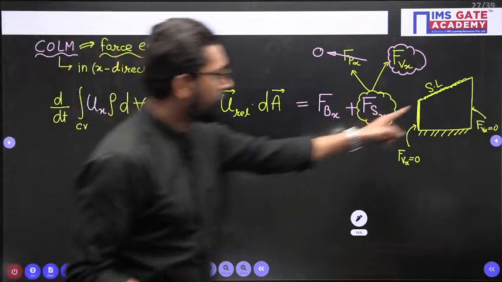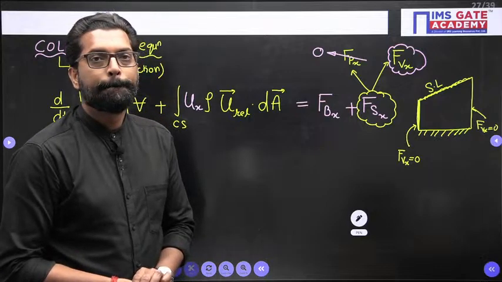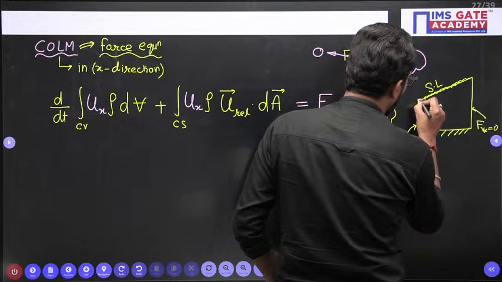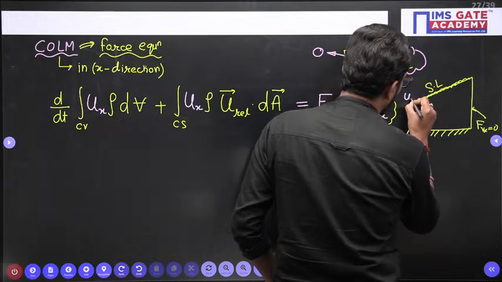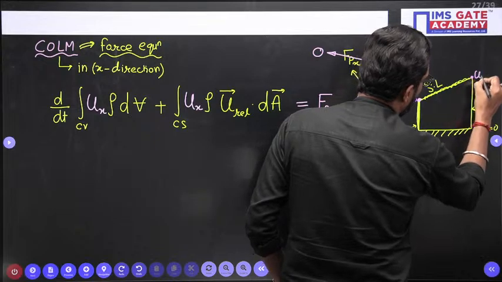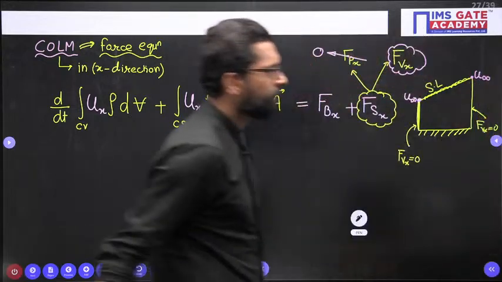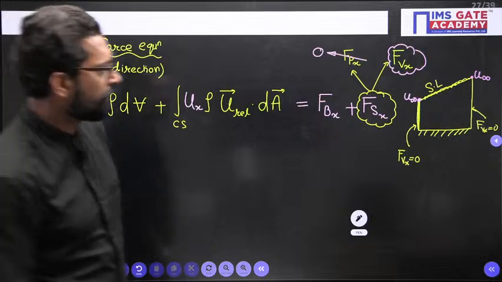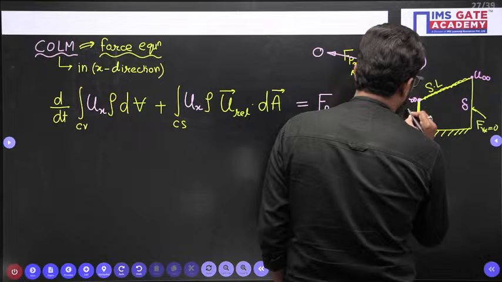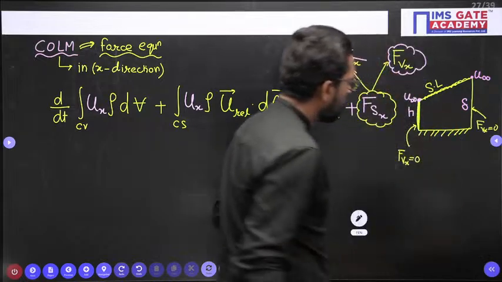See, what is the velocity of this streamline? What is the velocity here? It is U infinity. Yes or not? This is the delta and this is your h.